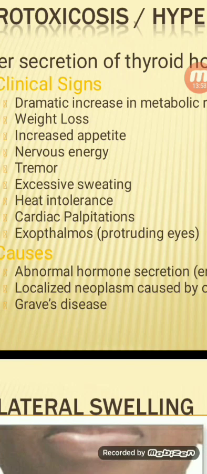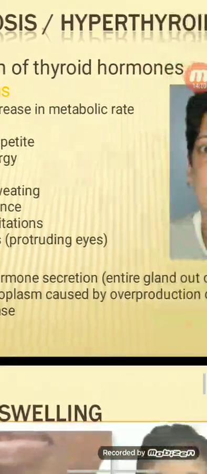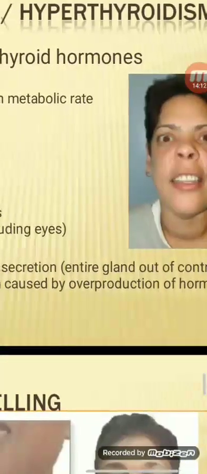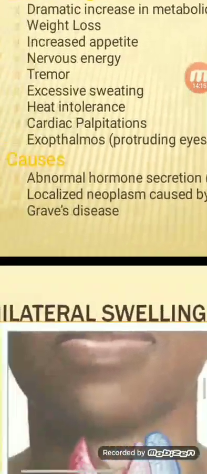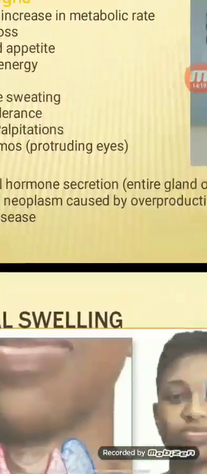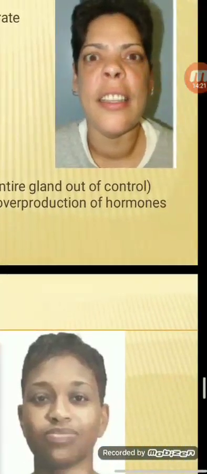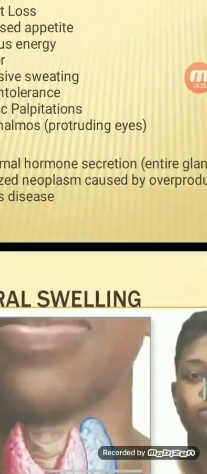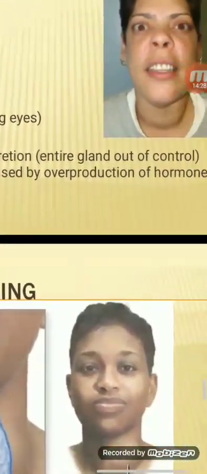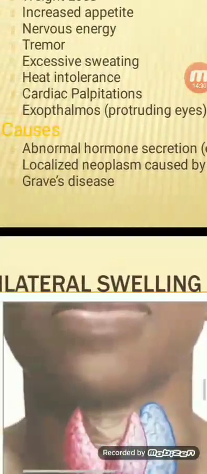Nervous energy, nervousness, tremor, excessive sweating, heat intolerance, cardiac palpitations, exophthalmos, protruding of the eyes to the outside, as you can see, exo means outside, exophthalmos.